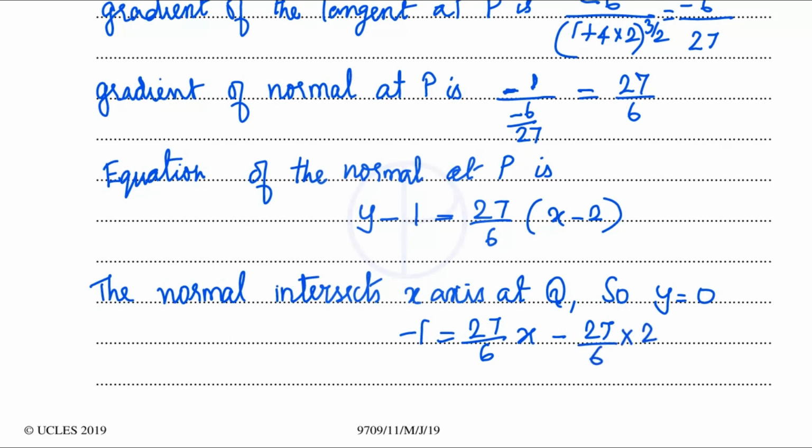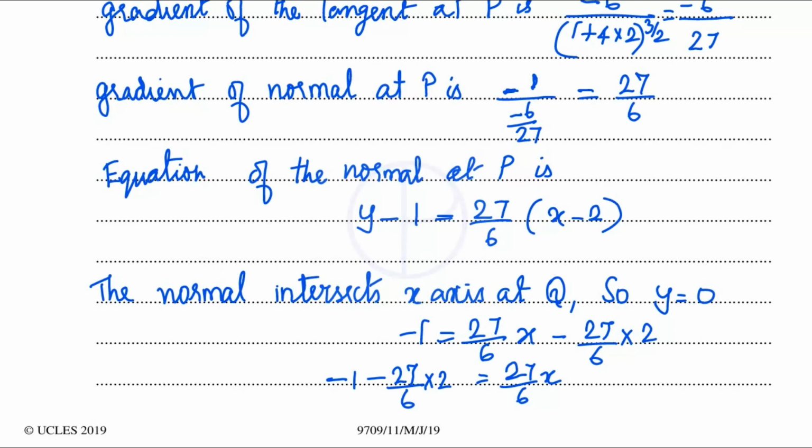Okay, let's make x the subject. So minus 1 minus 27 divided by 6 multiplied by 2 equal to 27 divided by 6x.